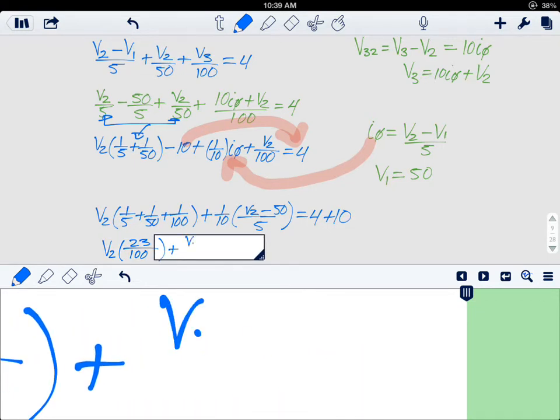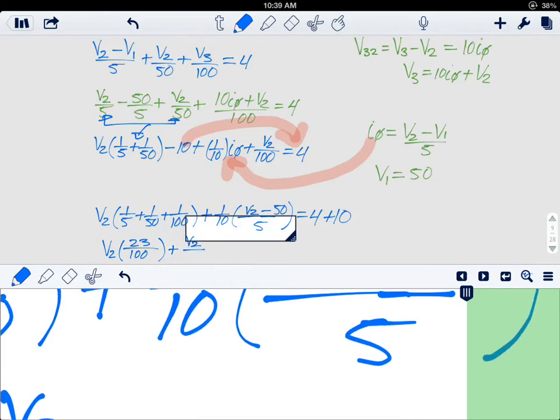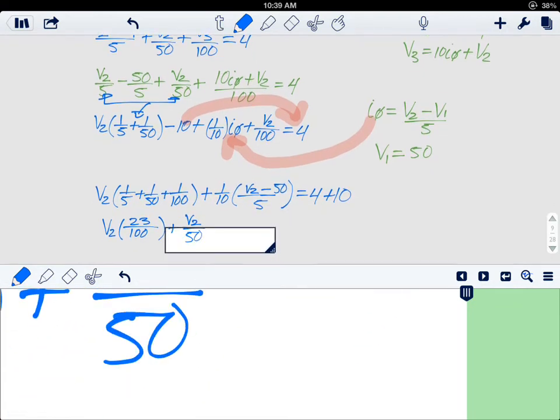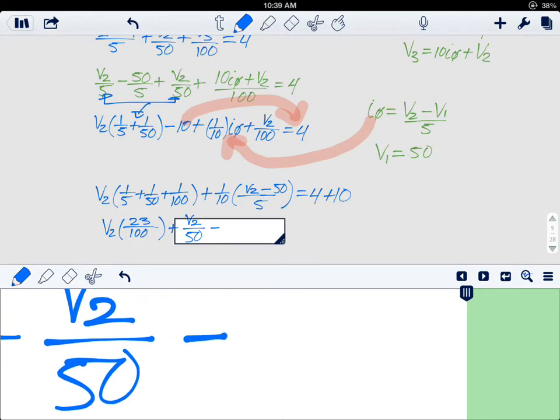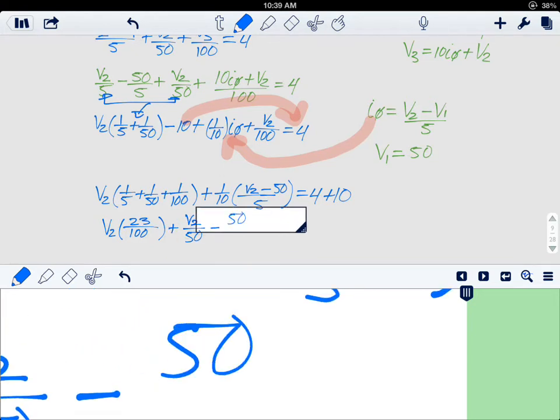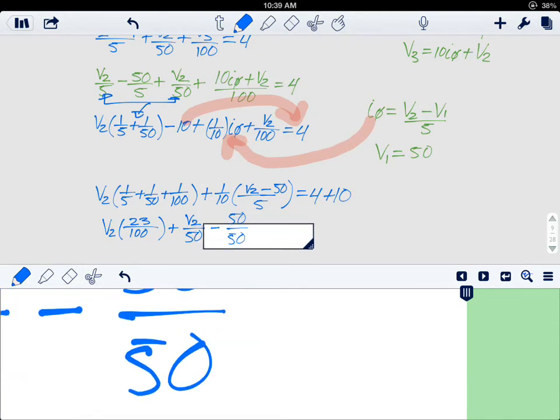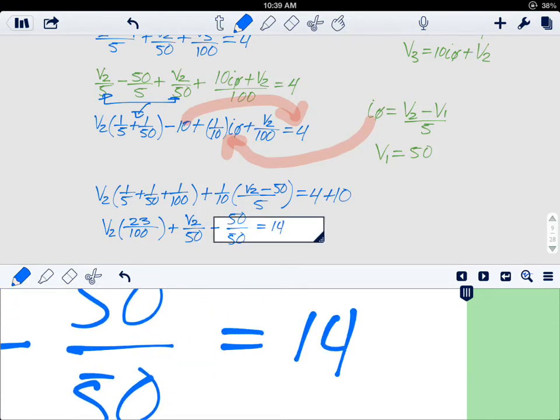Then I have voltage 2 over 5 times 10, minus 50, and 5 times 10 is 50, equals 14.